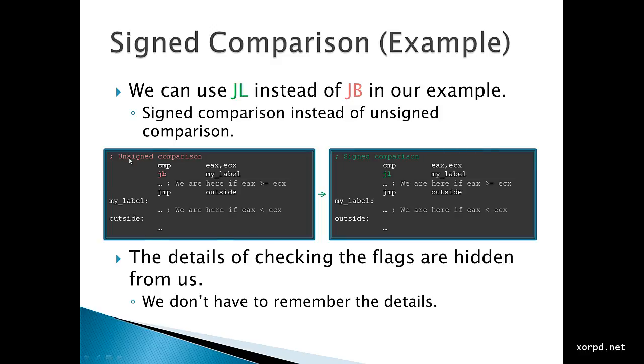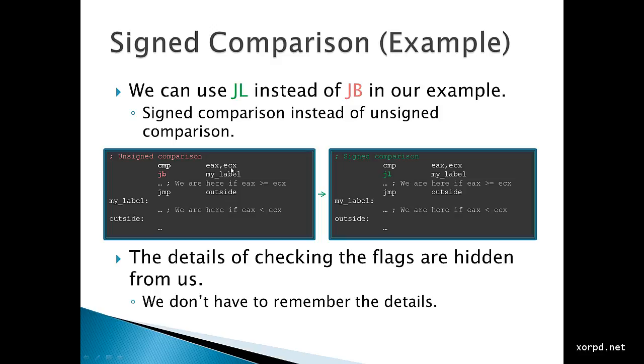You probably remember this example of unsigned comparison. First we changed sub into compare, and then we changed jump carry into jump below. And we got a pretty simple code that describes unsigned comparison of those two numbers, EAX and ECX.